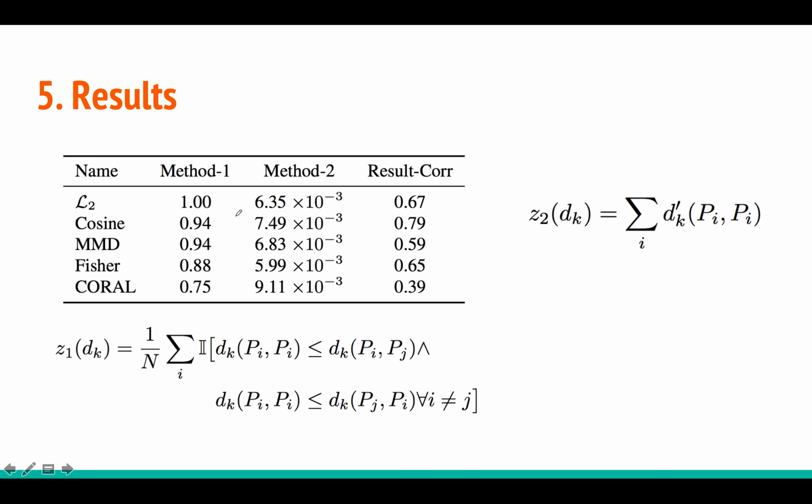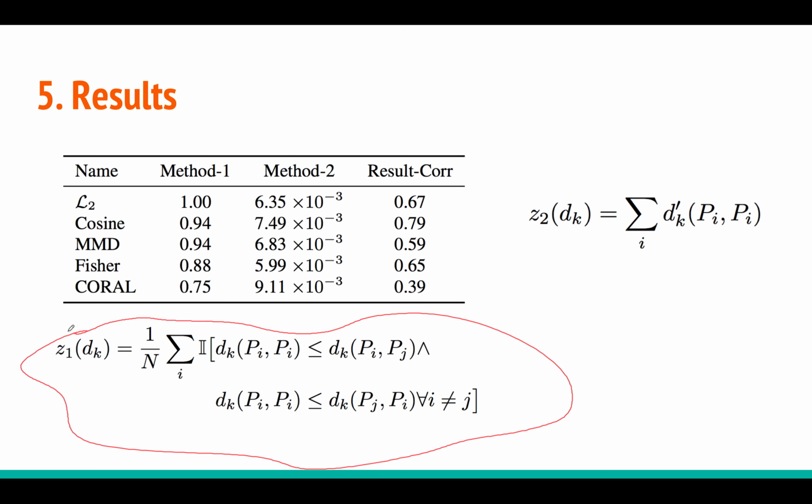But here I'm not showing the accuracy. Here they are showing different ways of analyzing the efficiency of the model. The same-method one basically uses this equation, which computes the distance between two vectors or two inputs from the same class, and checks if it is less than the distance computed between different classes or different domains, for example, right?